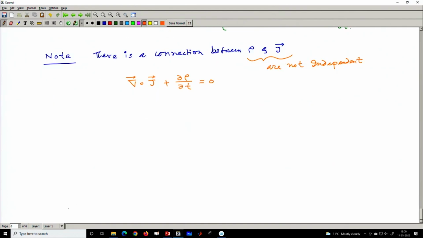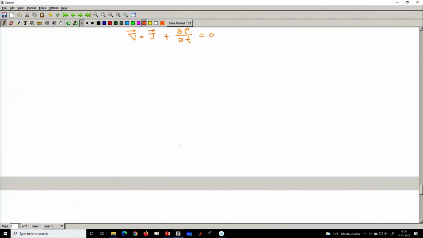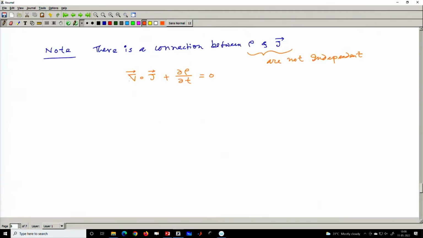So, the other constraint is something quite interesting, and that is we are having a continuity equation that we get from the concept of electrostatic problems.